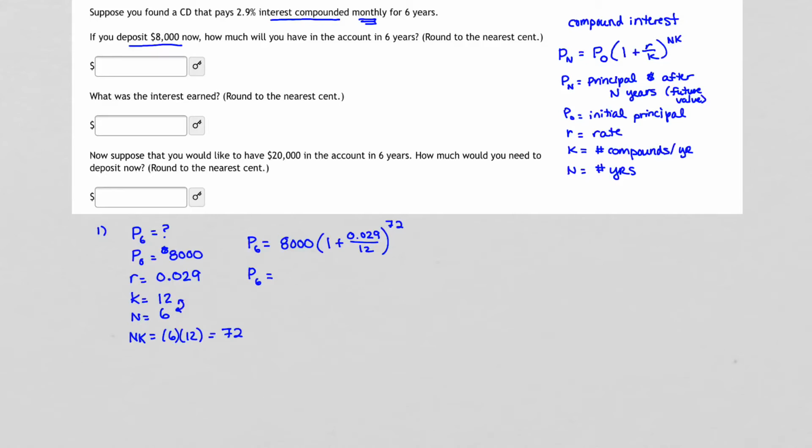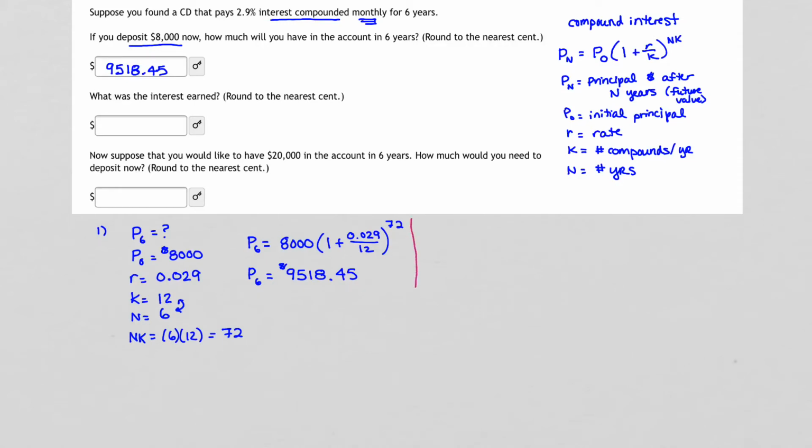I get that the amount in the account after 6 years is $9,518 and, rounded to the nearest cent, 45 cents. So that's what we fill in the first box, $9,518.45. Now let's go on and work on the second box.